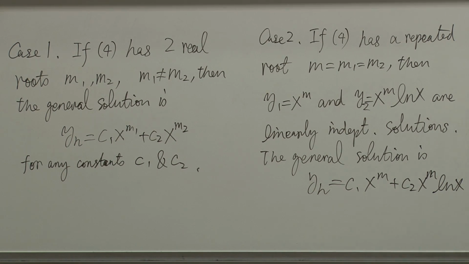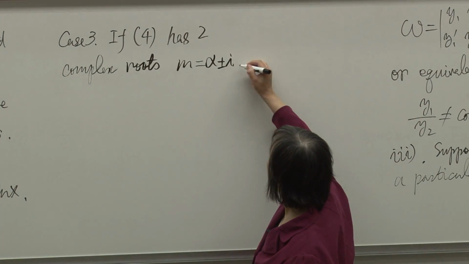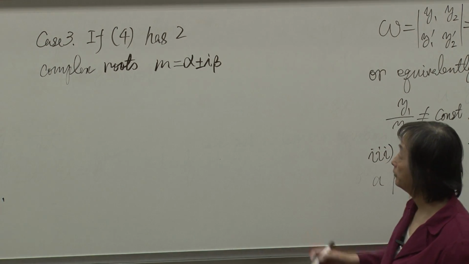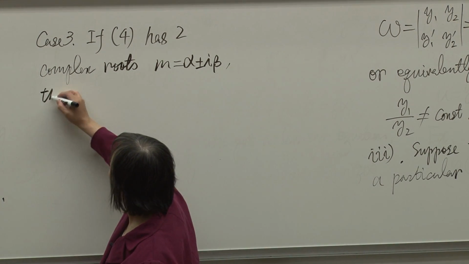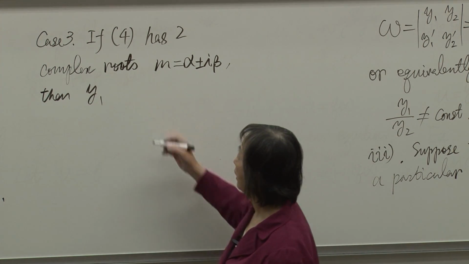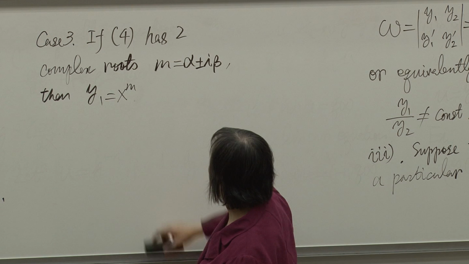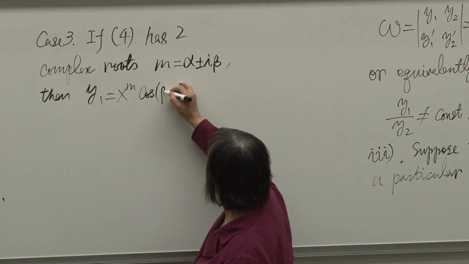For the third case, if the auxiliary equation 4 has two complex roots, denoted by m equals alpha plus or minus i beta, then the two linearly independent solutions we look for are, first, y1 equals x^alpha times cosine of beta log x.